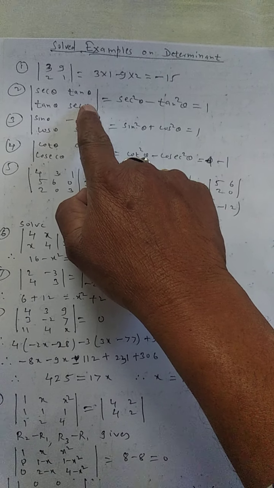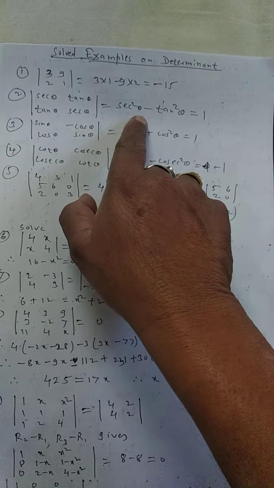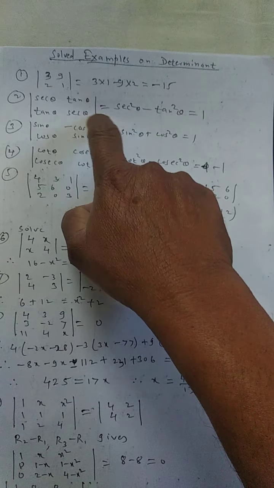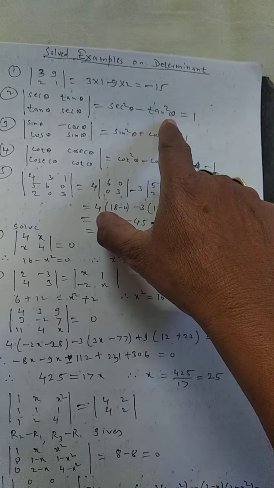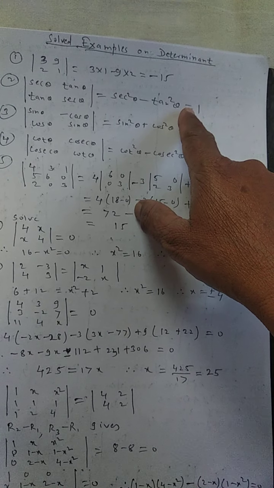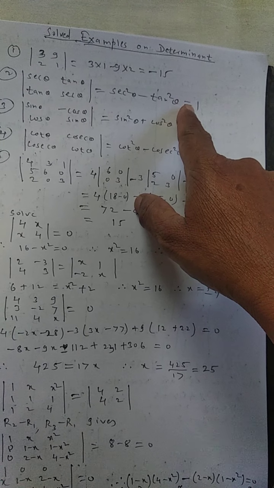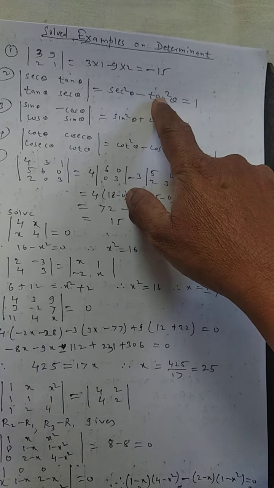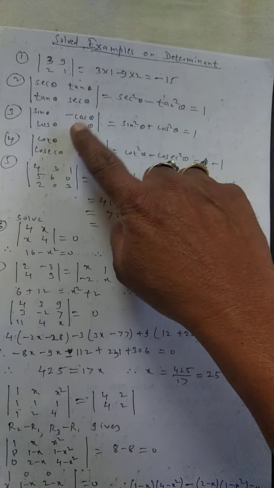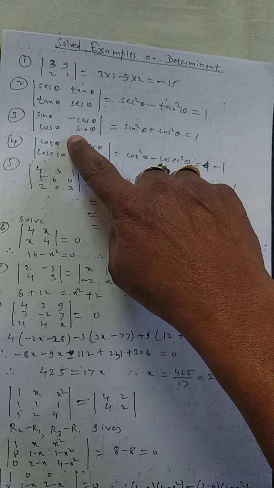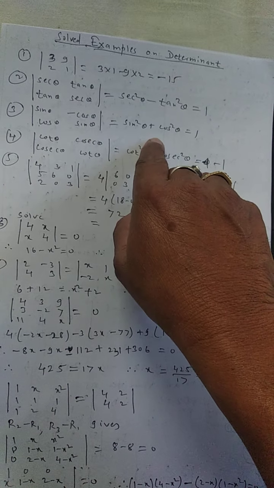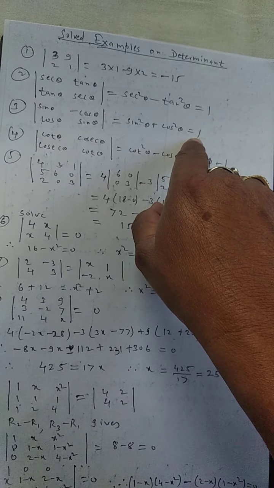Then the second one is sec theta, tan theta, sec theta. So it is sec square theta minus tan square theta, and the trigonometric identity 1 plus tan square theta equal to sec square theta gives the value of this one as 1. Similarly here, sin theta, minus cos theta, sin theta, that is sin square theta plus cos square theta.